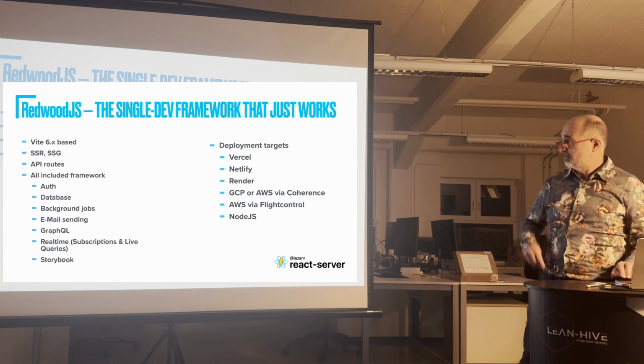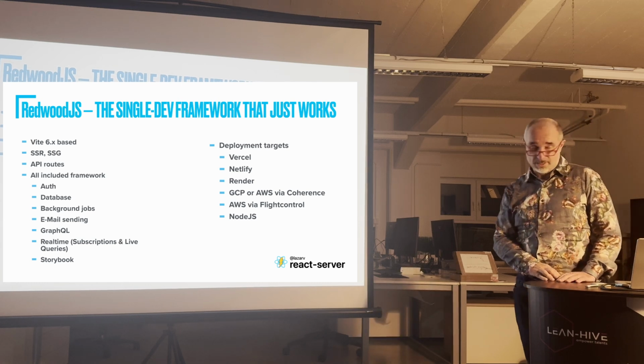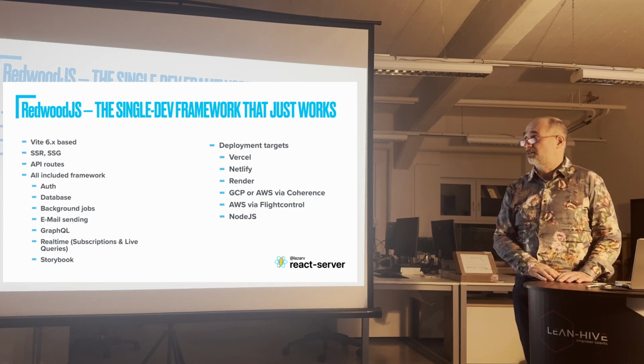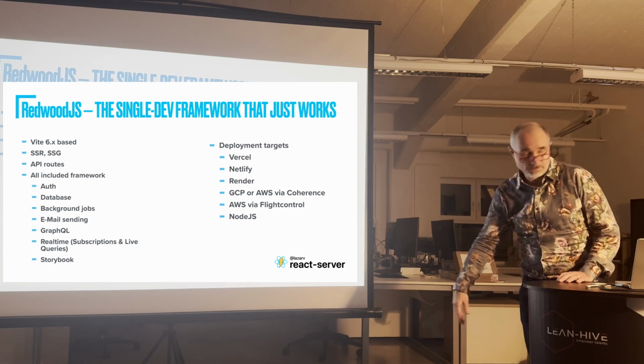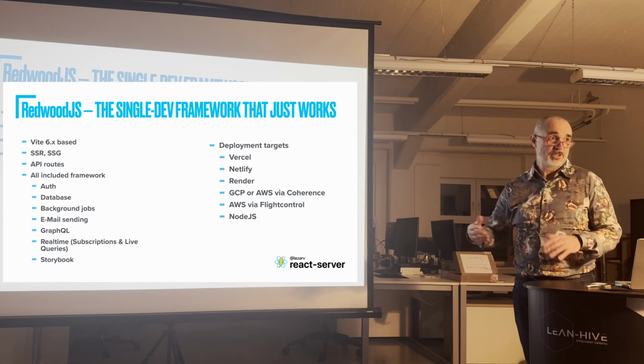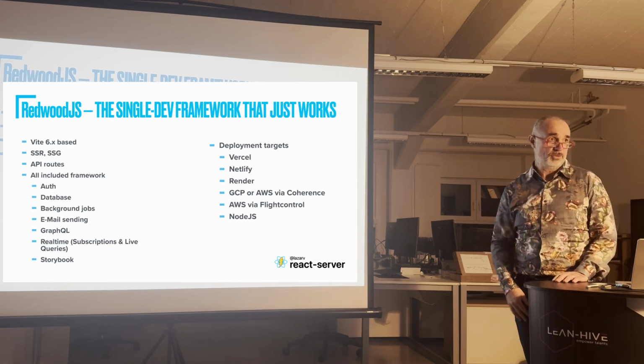So then Redwood should be, I haven't found it, but they say they are Vite 6 based. They also offer SSR, SSG, they have API routes, and I've just started with a list, but that's what I talked about in the beginning. They try to cover everything you need out of the box without you deciding what kind of flavor you need to take.